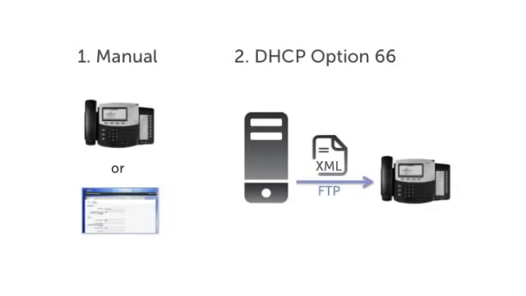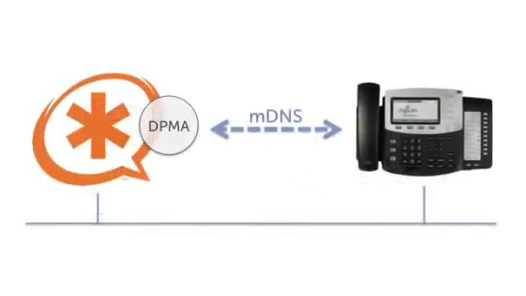I'll quickly describe two of the reasons the DPMA is so easy to use, namely MDNS and text-based configuration. Digium phones and the DPMA make use of a protocol called MDNS to locate each other on the network. MDNS, or multicast DNS, is a method for automatic name resolution. Apple's Bonjour and Linux's Avahi are both implementations of MDNS.